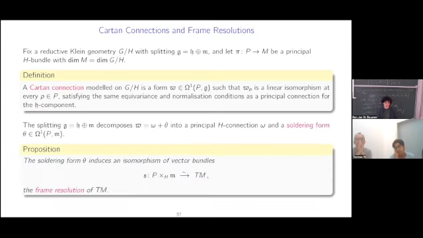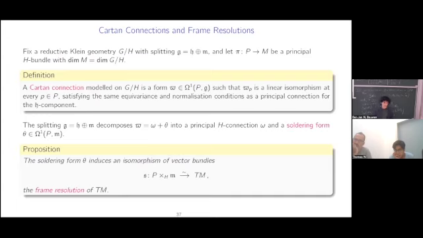So this splitting decomposes our Cartan connection into a principal H-connection omega and a soldering form. That is a one form on P with values in m. That is this component of the splitting of our Lie algebra.